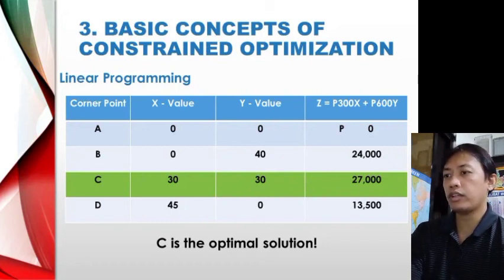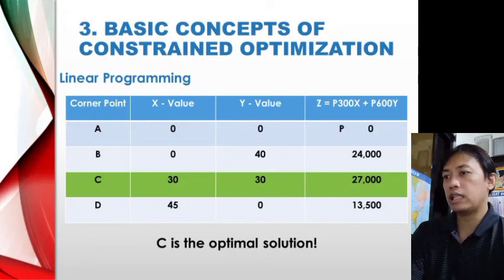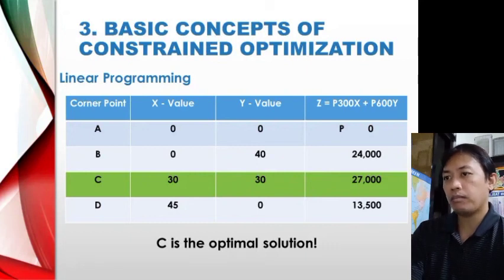While at letter D, the X value is 45 while Y is 0. So the profit is 13,500. So basically, as you can see, letter C is the optimal solution here. It is very effective and the most profitable.